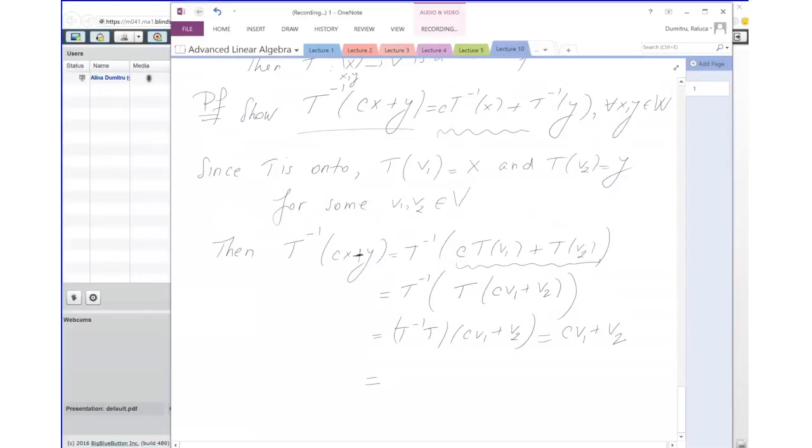We need this. But v1 is defined here, and it is the same as T inverse of x. And v2 is defined here, and it is the same as T inverse of y. So we're done. It is indeed linear.